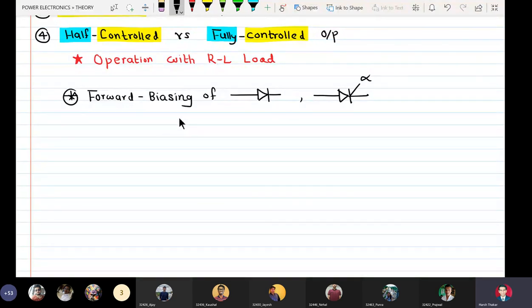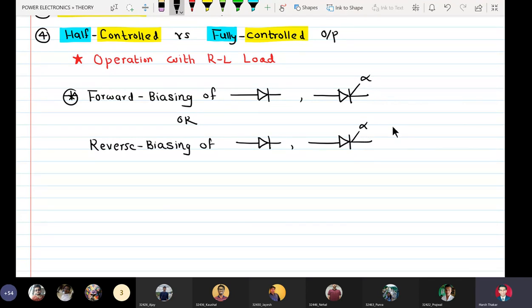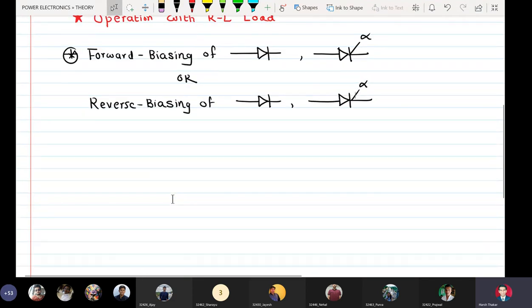Or in fact, we can also say forward biasing. Who would like to answer this question, what is your understanding of forward biasing of a diode or an SCR?